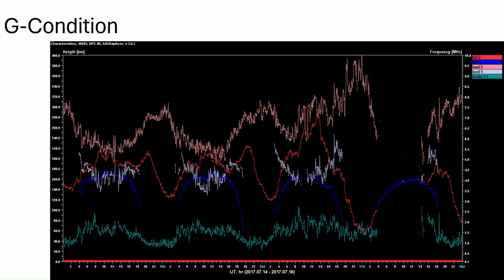Okay, since there are no questions, first up among the ionospheric conditions that can be problematic or challenging to scale is G condition. I'm probably starting with one of the most annoying ones because G condition is very, very difficult to identify.